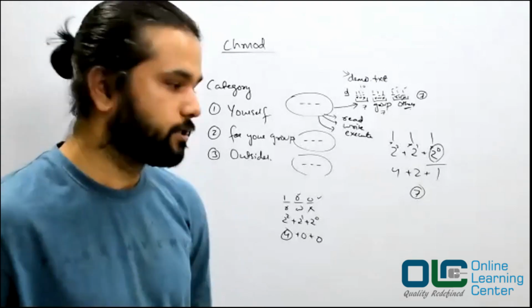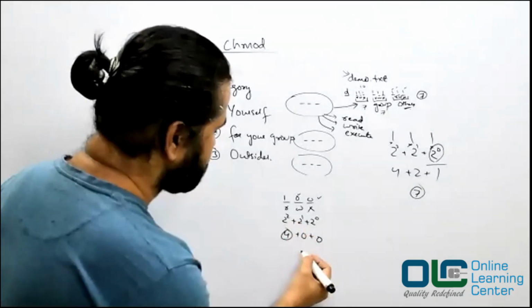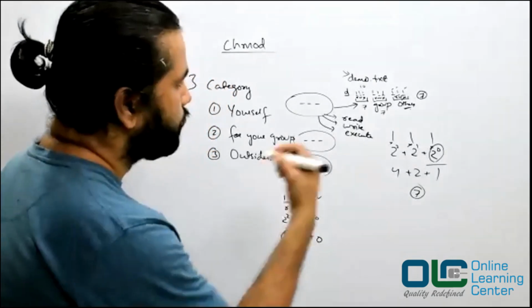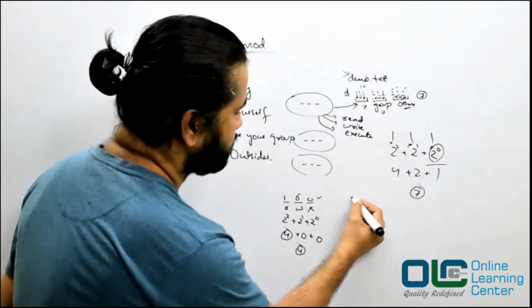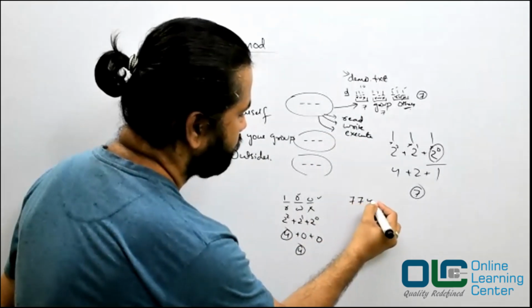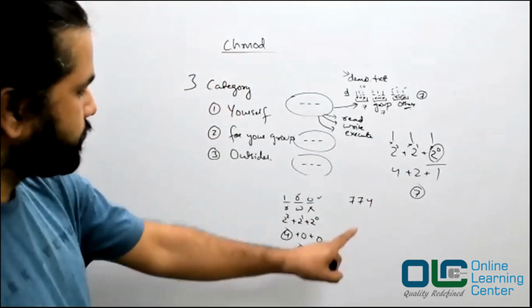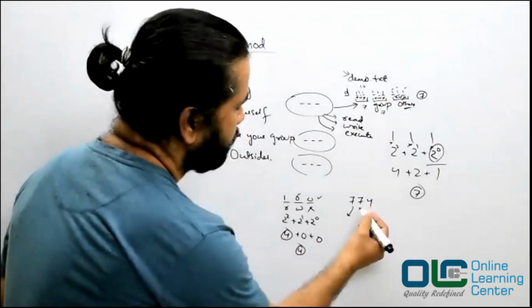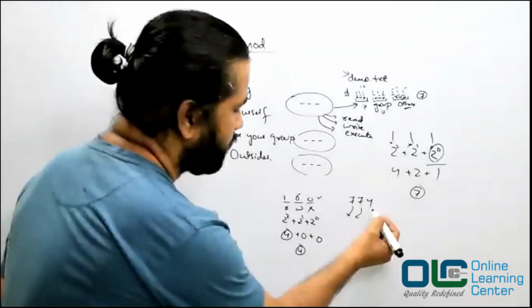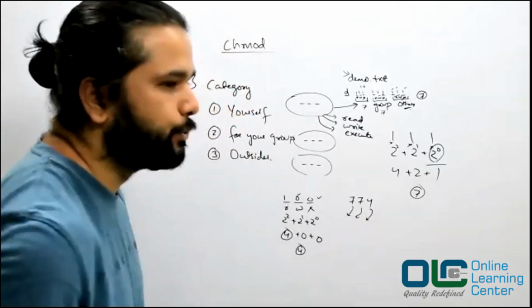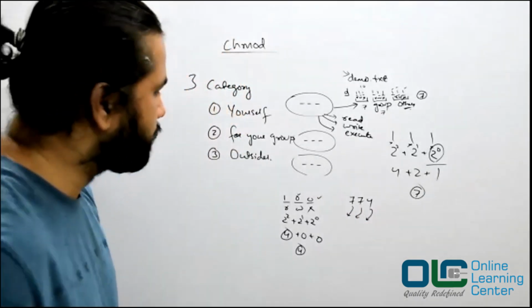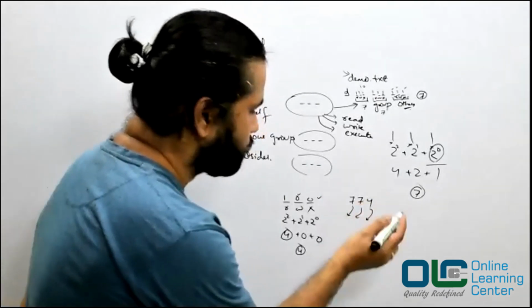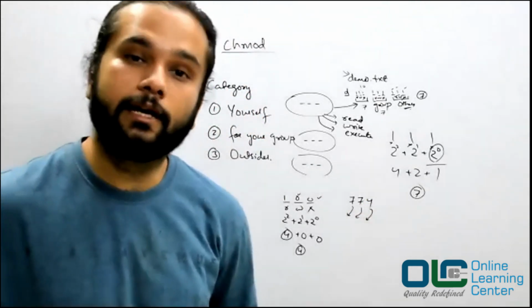Your file will then have a permission like this, 774. If you say 774, that means I can do everything, my group member can do everything, but outsiders can only read the file. That is how the permissions are set in your Linux file system.